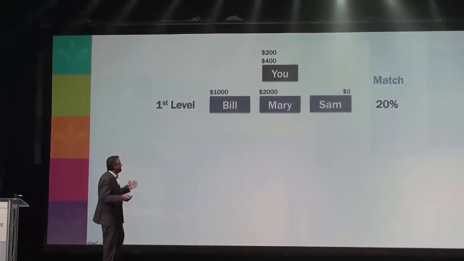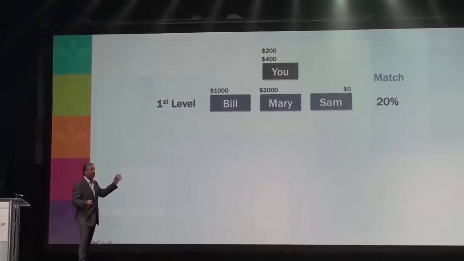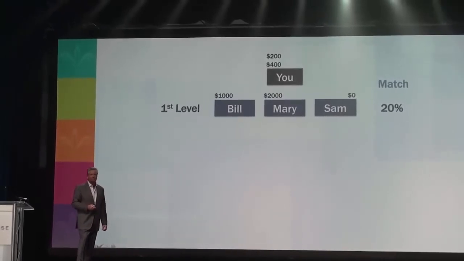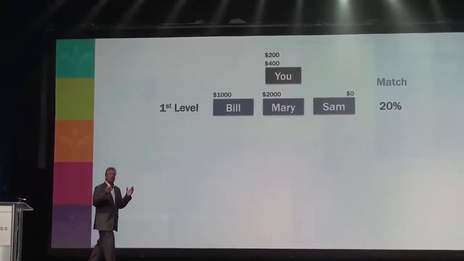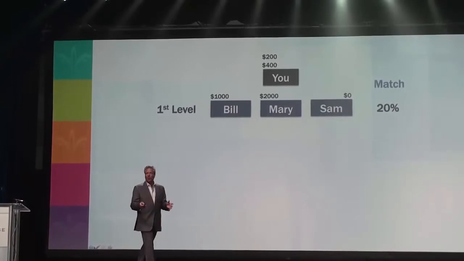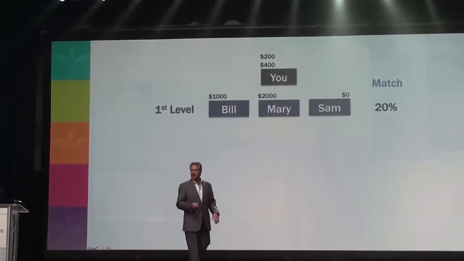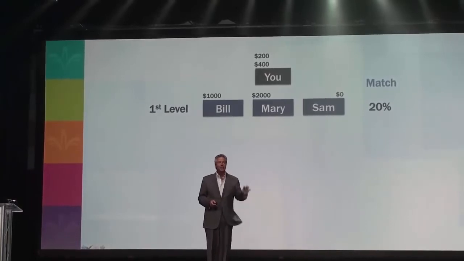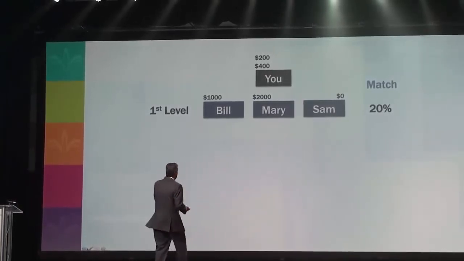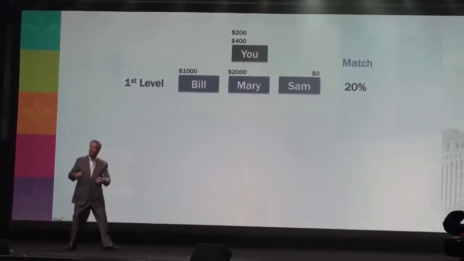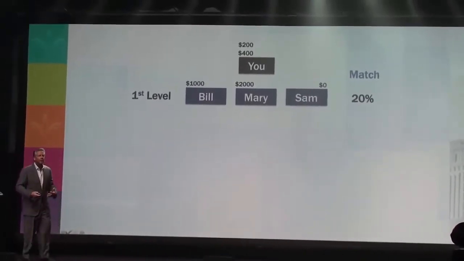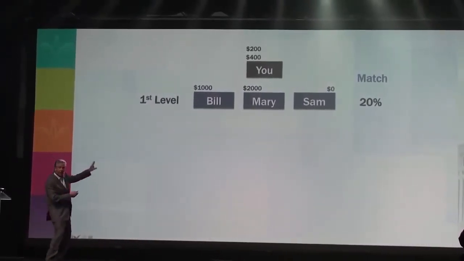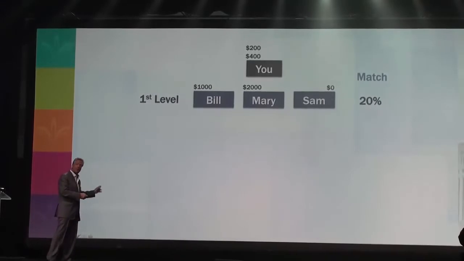And are you going to have some of those people? Of course. Is there any limit to the number of people you can personally sponsor? No. So if you went out and personally sponsored 50 people in the program, how many checks do you get 20% of every week? 50. But it doesn't stop there. Check this out. Bill, Mary, Sam, they're all personally introducing people. They're sponsoring. And those people are placed on their first level to calculate their match money.